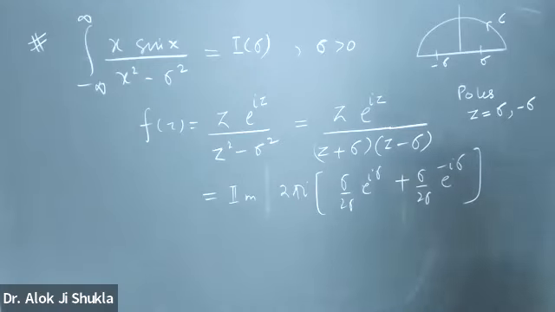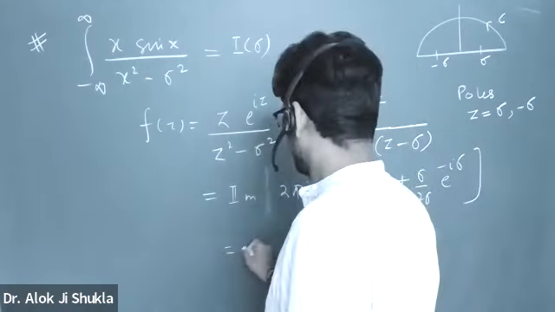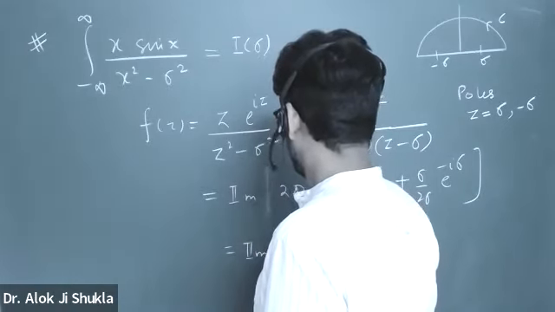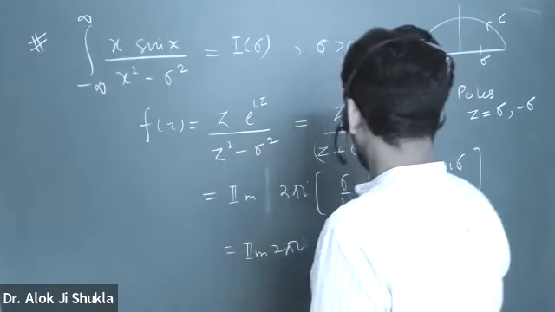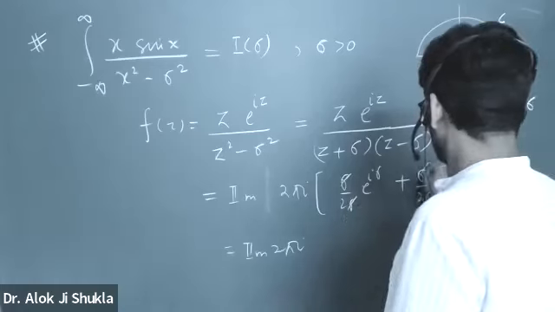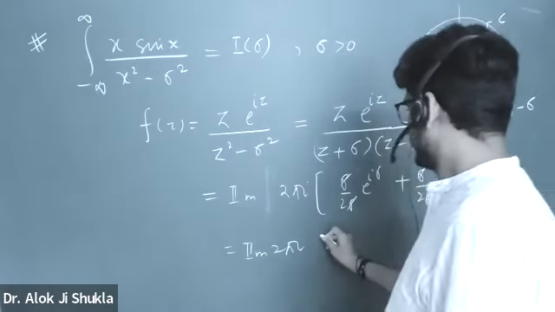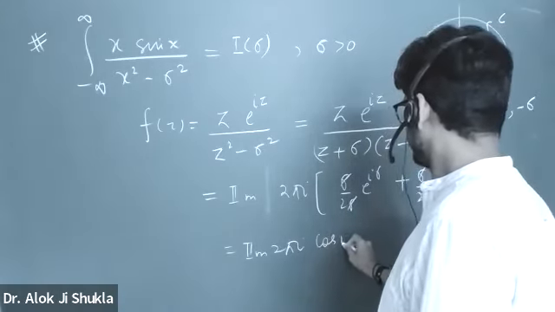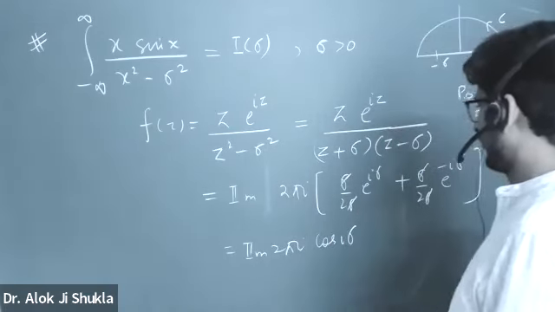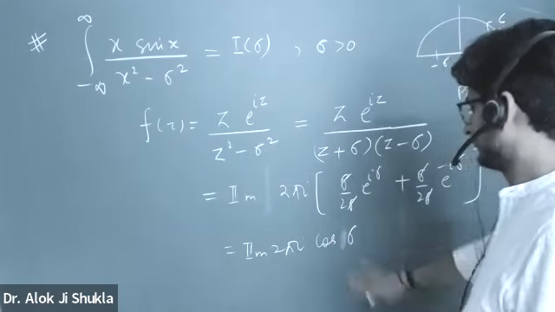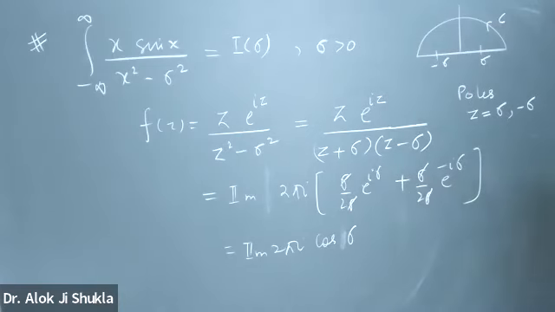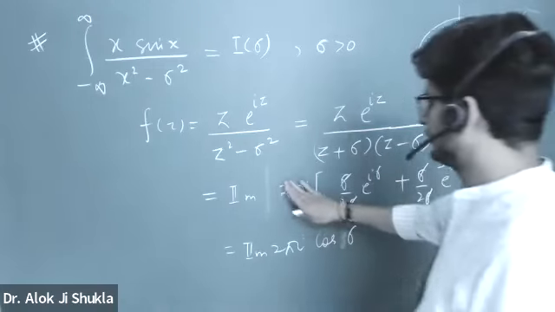So this will become the imaginary part of 2 pi i times cos of sigma, and sorry, it will be pi i.